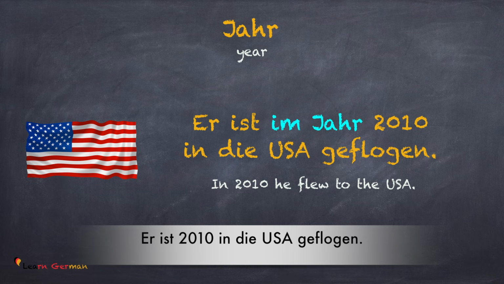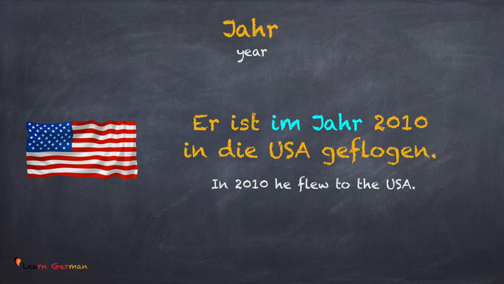You can also say, er ist 2010 in die USA geflogen. When you're talking about a year, you either say im Jahr 2010 or just 2010. The use of only im before the year, for example, er ist im 2010 in die USA geflogen, would be wrong.